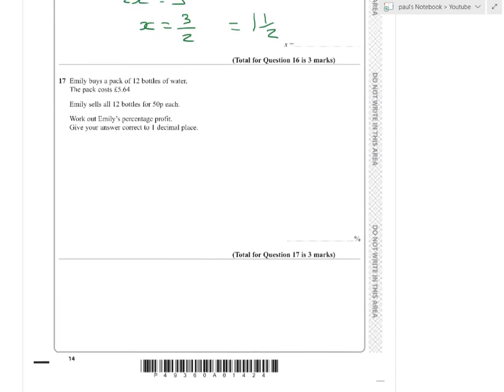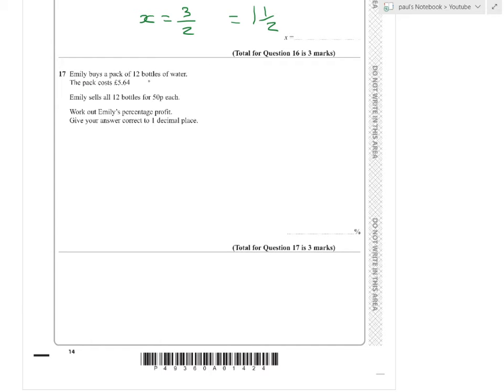Emily buys a pack of 12 bottles of water. The pack costs £5.64. Emily sells all 12 bottles for 50p each. Work out Emily's percentage profit. So 12 times 50p equals £6.